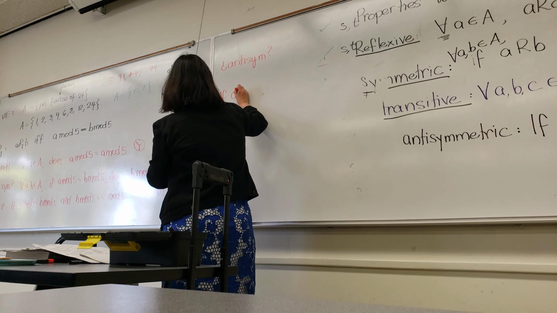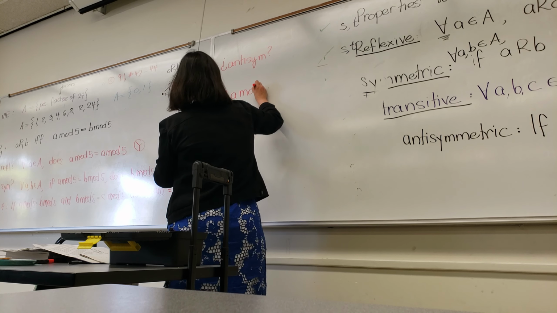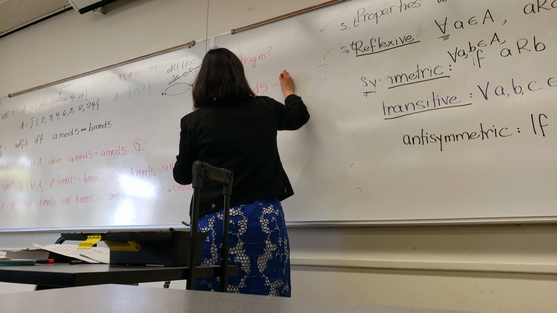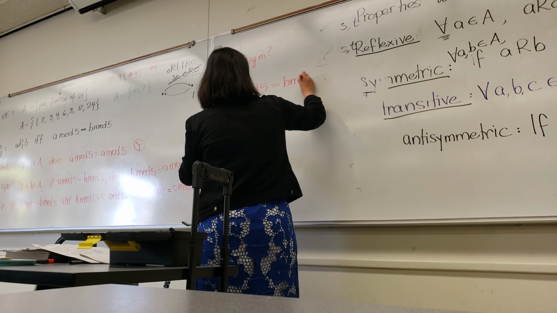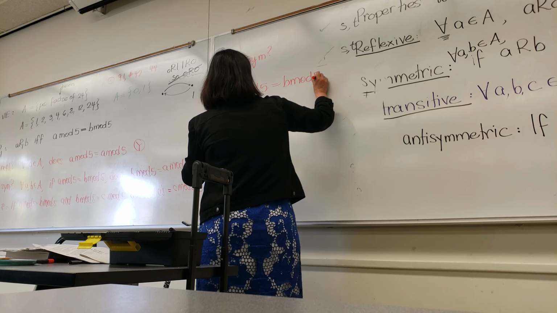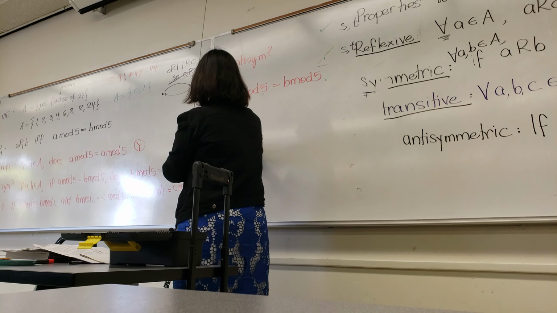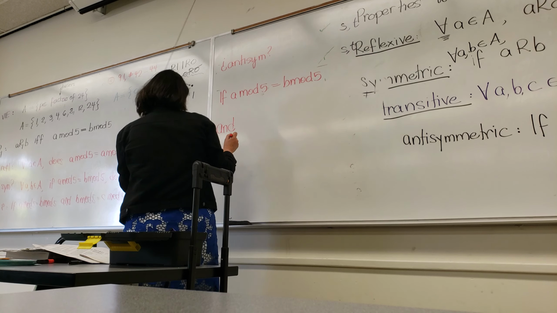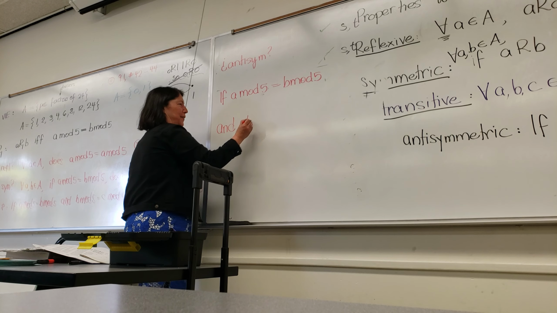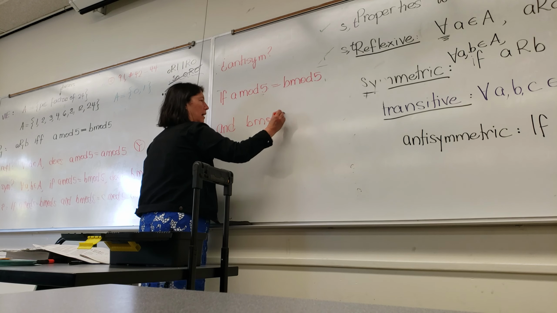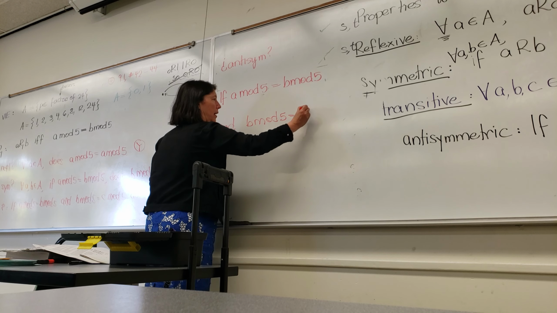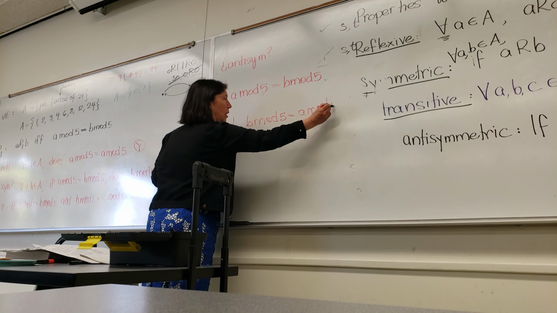If A mod 5 equals B mod 5, and B mod 5 equals A mod 5, and A doesn't equal B, it can only have two.